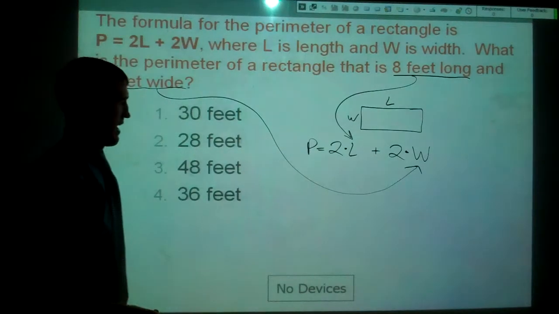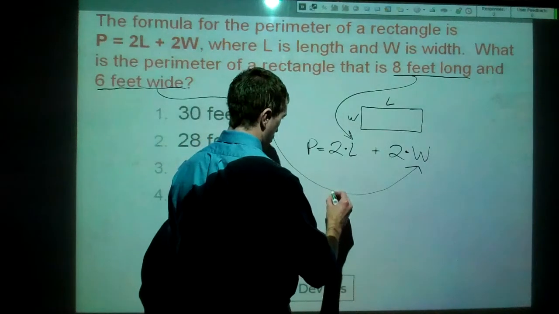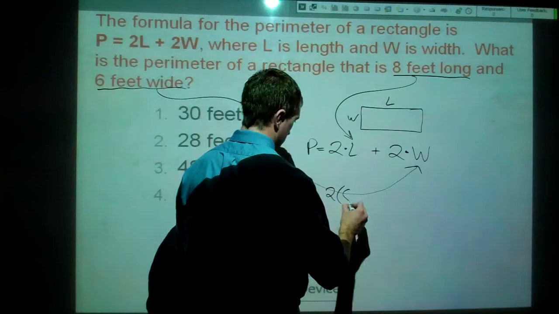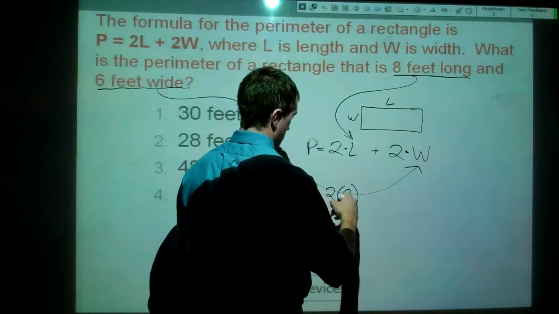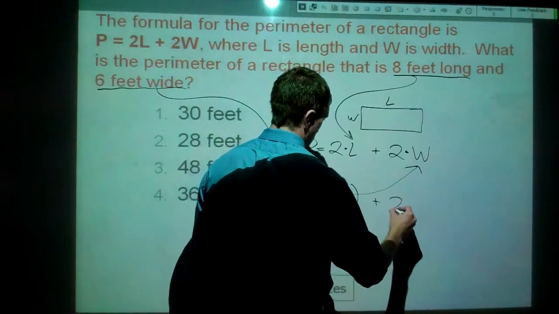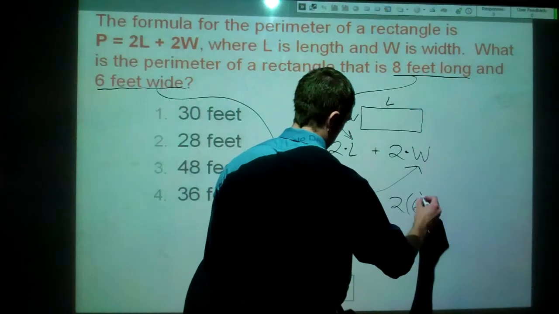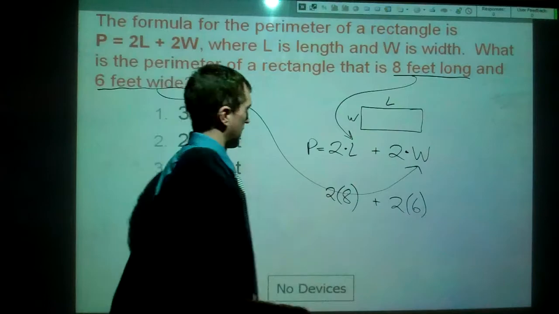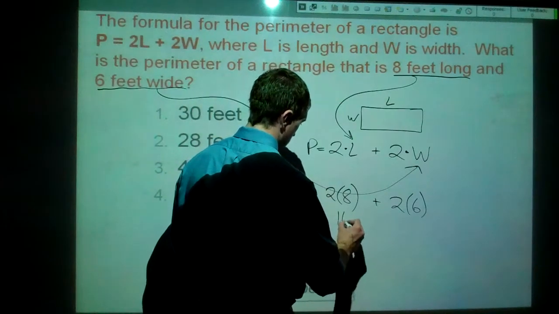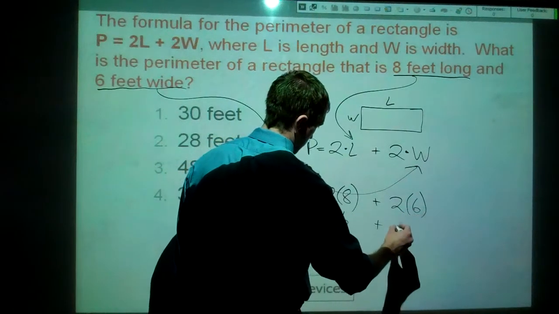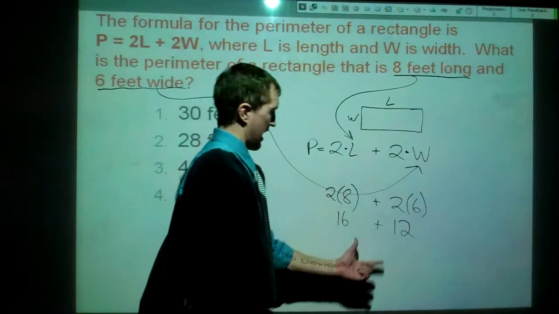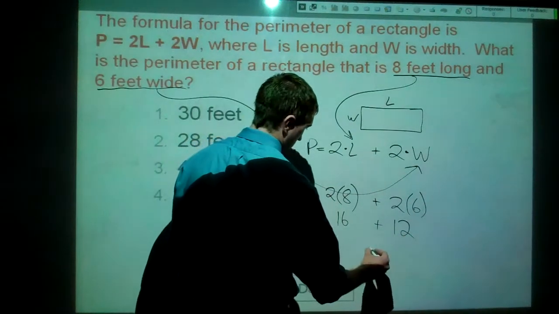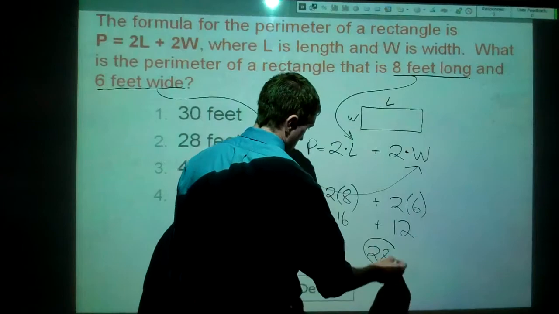So we will have 2 times 8 plus 2 times 6. Okay? 2 times 8, that gives us 16. 2 times 6 is 12. If we add 16 and 12, we should get 28.